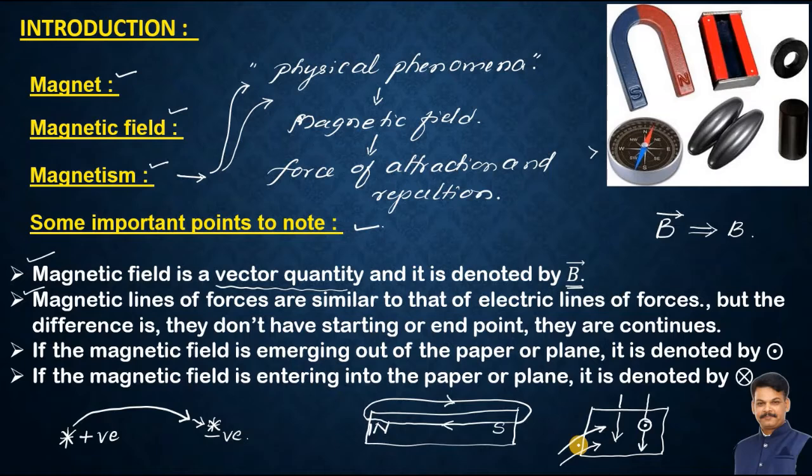In that case, the magnetic field is represented by a cross mark and a small circle around it.